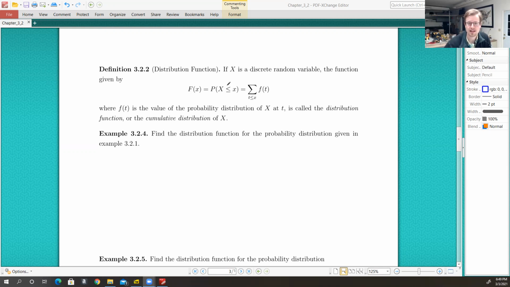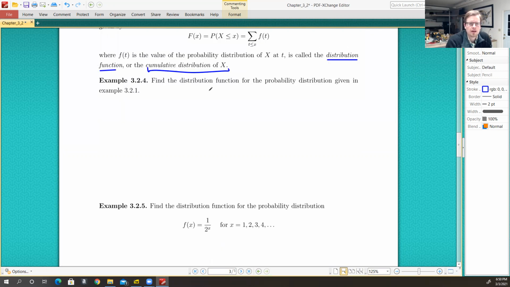And if we define it that way, then we're just looking at the sum of the probabilities for each possible value of the random variable which is less than or equal to x. Okay, so f of t is the value of the probability distribution. So again, this capital F is called the distribution function, or maybe a little bit better known as the cumulative distribution function.